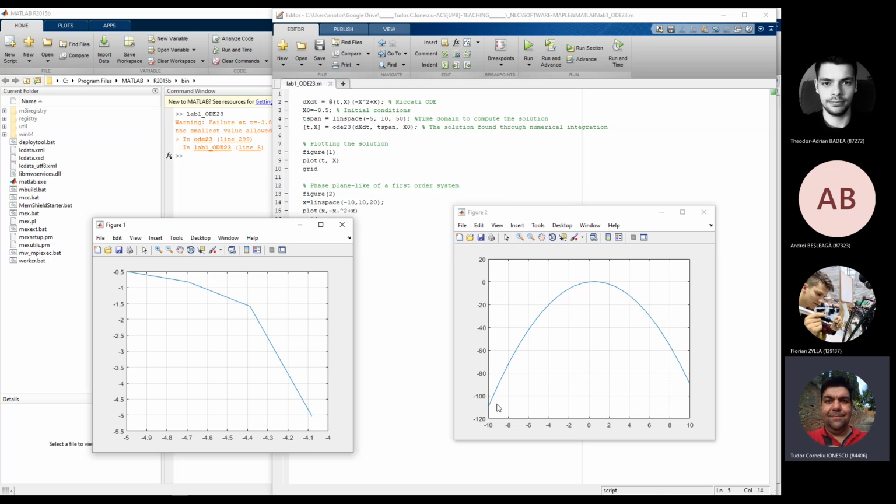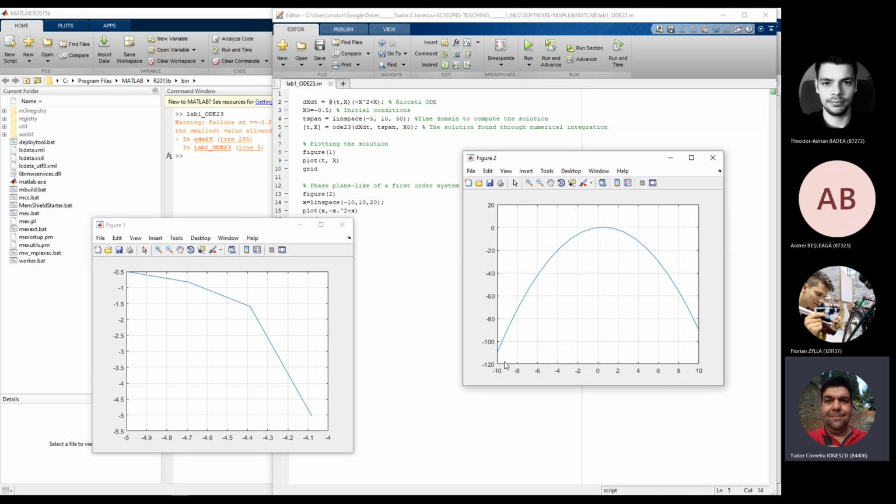And here on the second graph, we can see the plot of f of x, which is a second order scalar function with respect to x, and a single equilibrium point at 0, which is this one. So here where I'm pointing with my mouse, that's where the equilibrium point is.